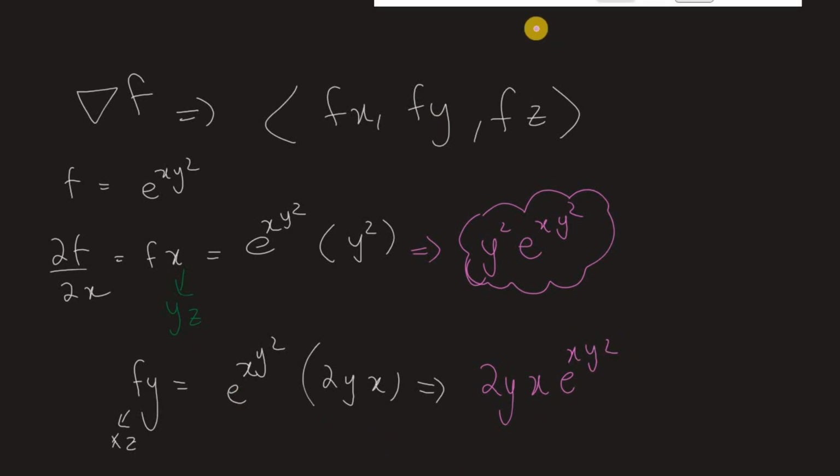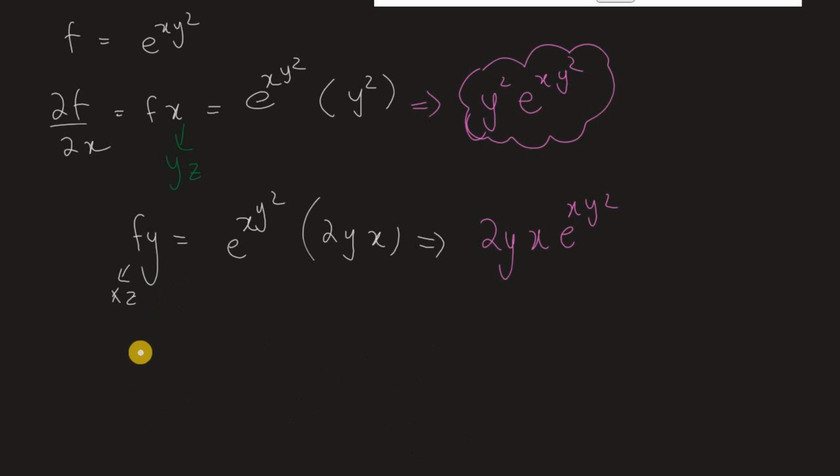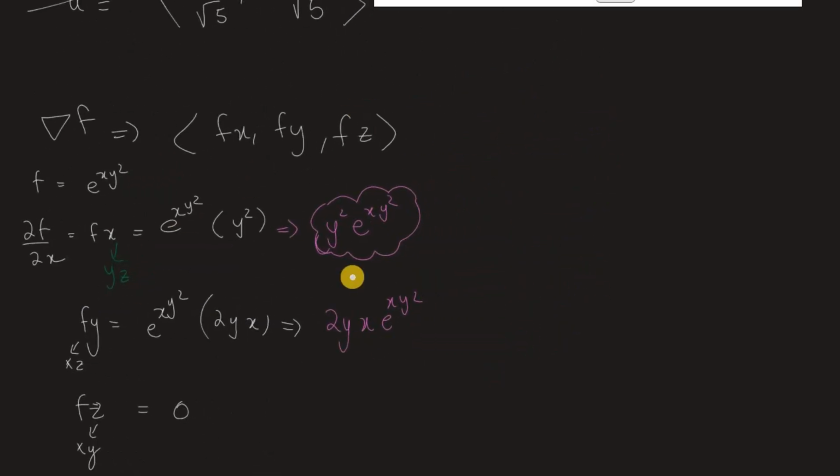Okay, next, f of z. So we are finding f of z. Here x and y are constant, and we're differentiating only z. In the question itself, we only have x and y. There's no z. That means this whole thing is a constant, and the derivative of a constant is 0. So f of z is 0. Okay, so we can write our gradient as f of x, f of y, f of z.